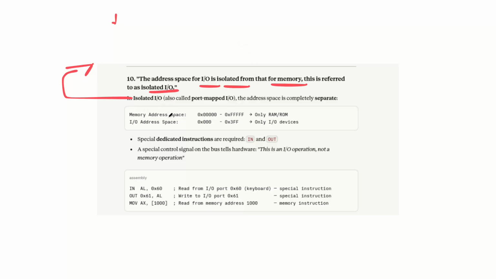Here RAM has a separate memory address and IO devices have a separate one. So we use in and out kind of instructions. We require special instructions for IO operations, and separate instructions for memory.